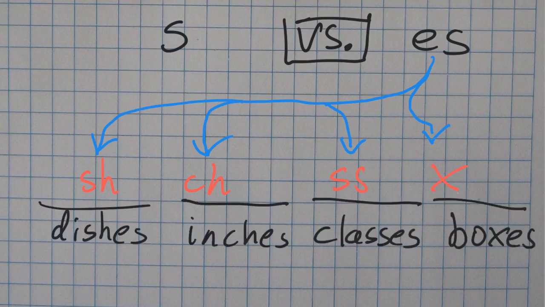So there's one example from each of your lists this week, and a pretty simple rule. These are the words that have an ES for plurals. Everything else is just the regular S.